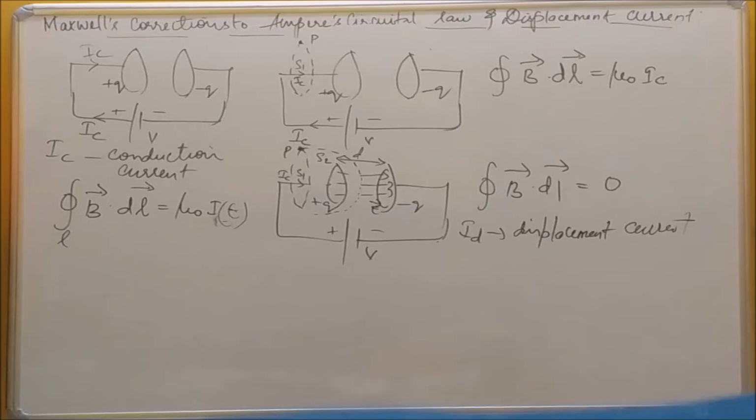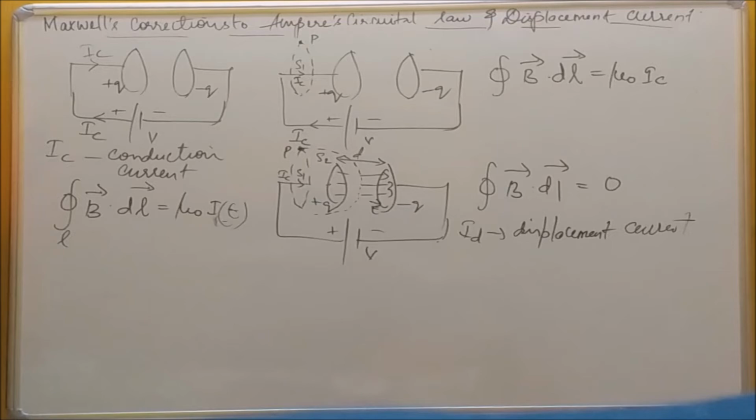From these two equations, Maxwell concluded that there is an inconsistency. The capacitor gets charged because of the external battery source, so the current passes here, and automatically an electric field is produced. So there must be a current associated with the changing electric field, so that the displacement current can be produced.